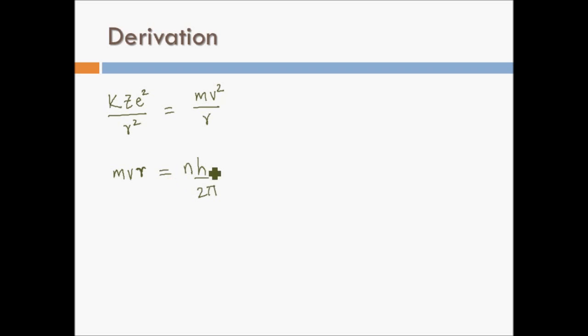Here again h is known to us, n will be the orbit number, so it will be known to you, 2 is known to us, pi value is known to us, m is known to us. So v and r are variable here. If we solve these two equations, we can easily get the values of velocity and radius. And that is exactly what we are going to do over here.